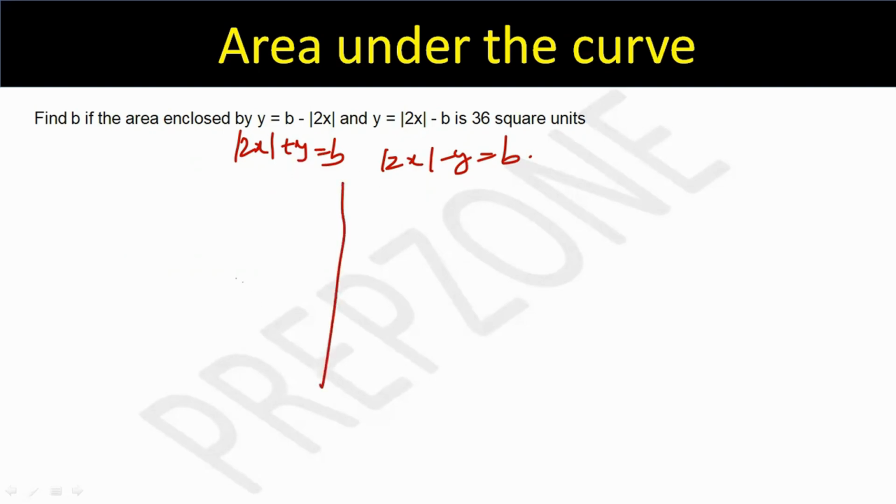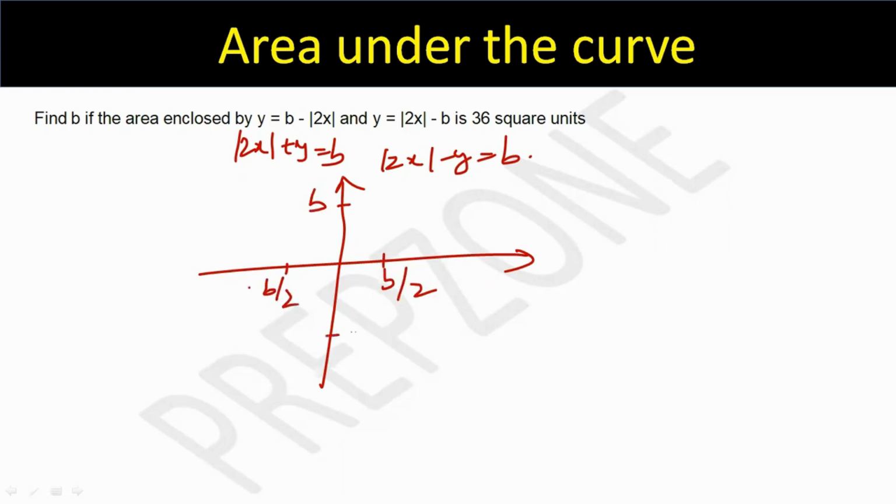Okay. So I took first case in which 2x plus y equal to b. In that the x-intercept and y-intercept will be b by 2 and b. I got my mistake.